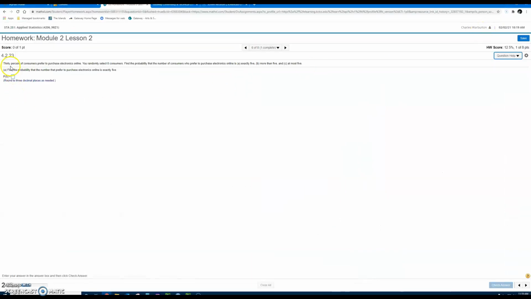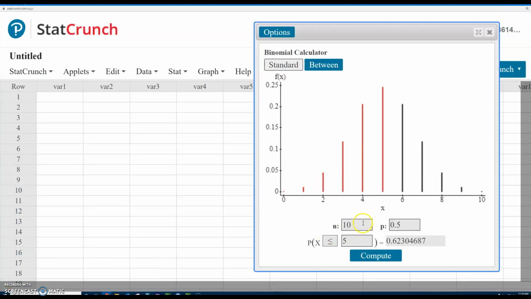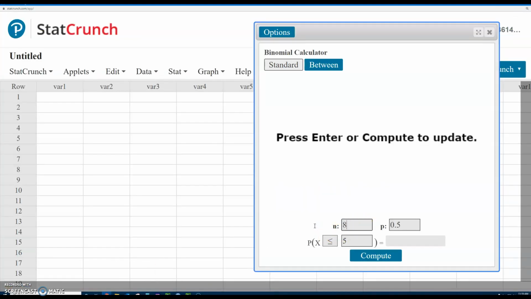In this case, 30% of consumers prefer to purchase electronics online, and they randomly select 8. All right, so I think I can get that in the calculator. You randomly select 8. That's the number of trials.